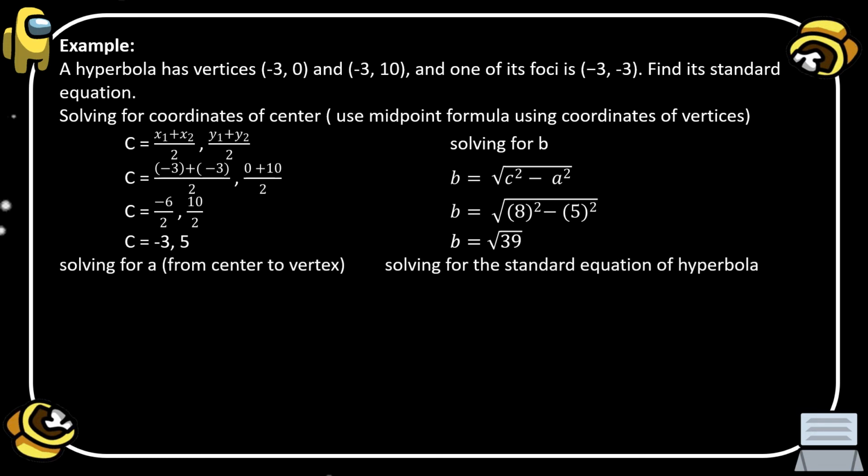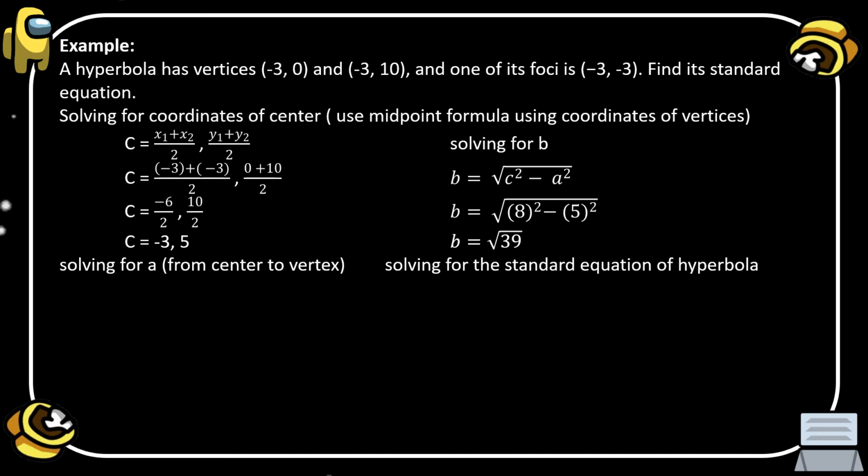Okay, so we are going to solve now the value of a. Remember that the value of a is from the center to the vertex. So, from the center going to the vertex, we get the distance. To find the distance a, we base it on y. Look at the vertex, so here we have the first, v1. So, 5 plus 0. Notice that it does not cross 0. Since it is 0, we can either add or subtract. So, what is the value of 5 plus 0?